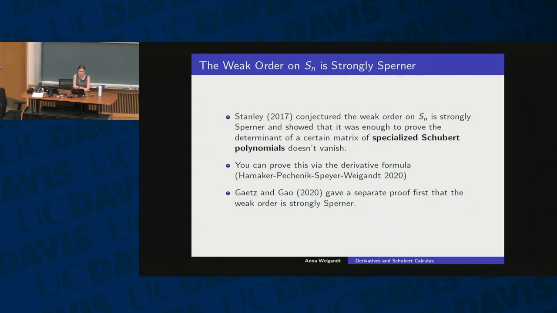So you can prove this determinant formula by looking at really just the derivative formula. And the key thing from the derivative formula is that on the one hand, if you're thinking in terms of Schubert polynomials, it's like thinking in terms of permutations. And so you're climbing. We have to maybe flip our poset upside down, whatever, we'll brush that under the rug.